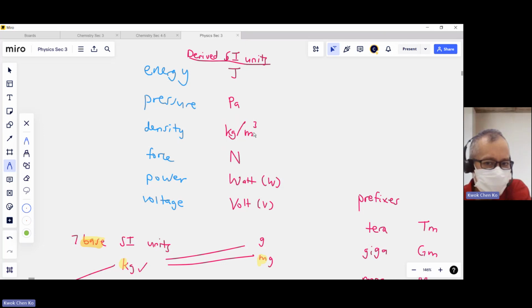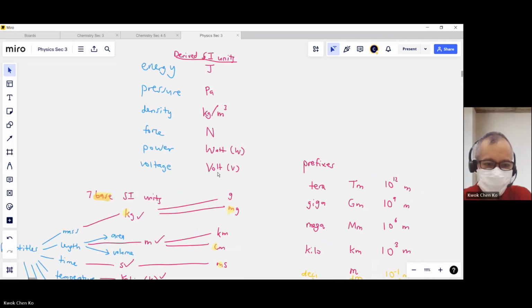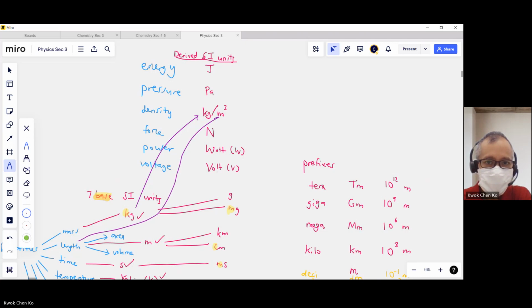The units for density are made out of SI units. It comes from kg. It also comes from length, but you cube the length to get cubic meter.